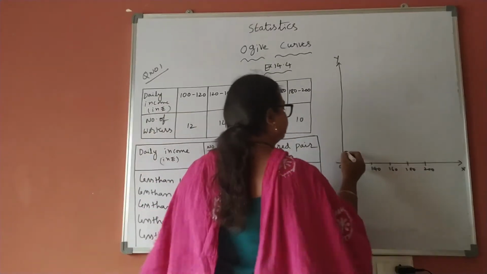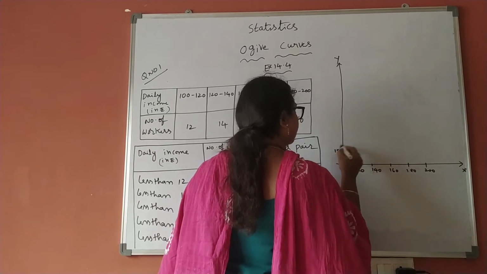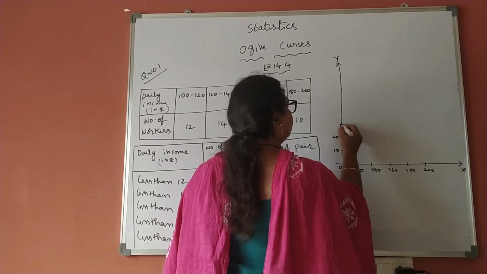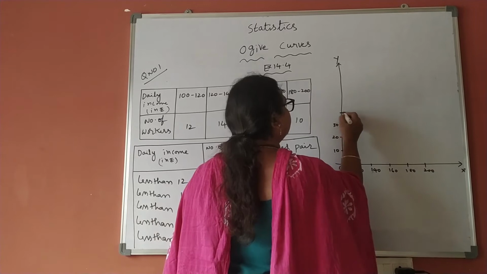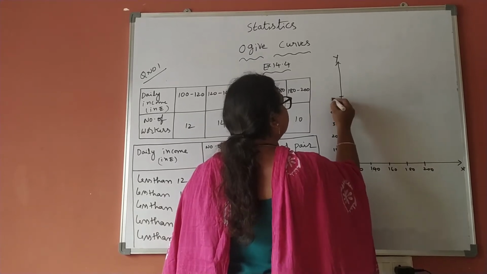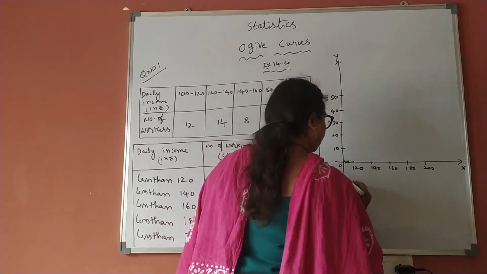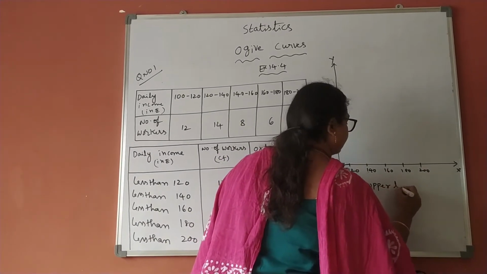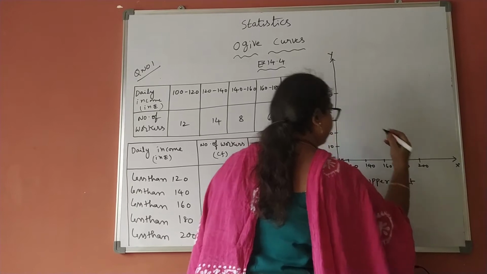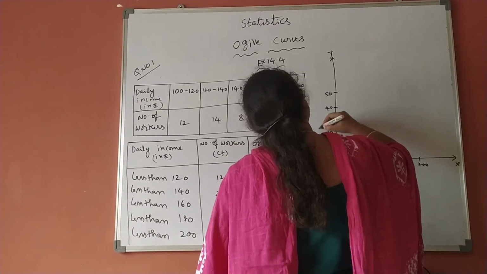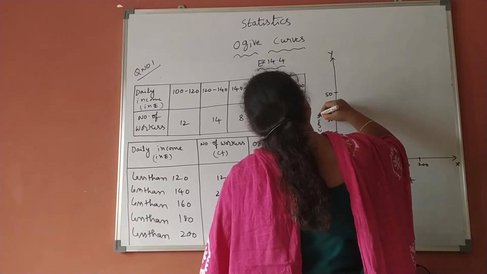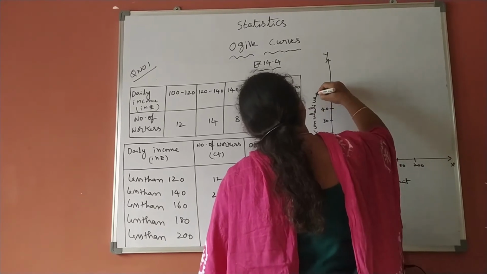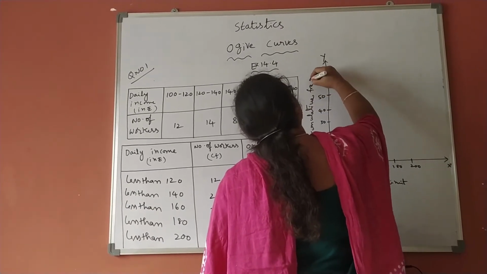Cumulative frequency: 10, 20, 30, 40, 50. Here the upper limit, and here on the y-axis, cumulative frequency.